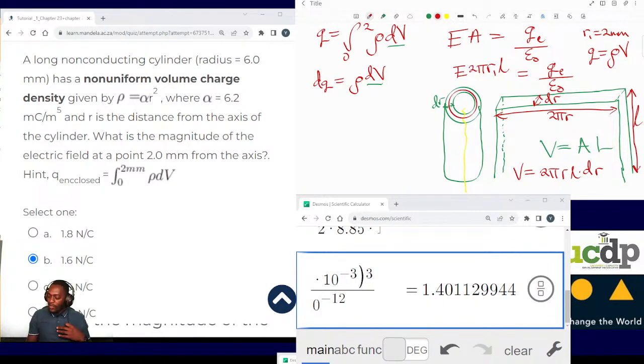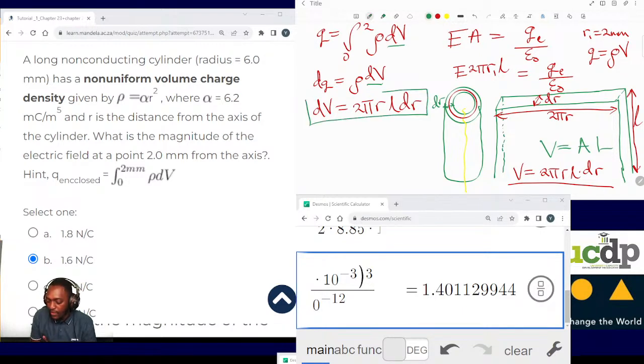Why do we find this volume? So that we can have dV, which we don't have. dV is equal to 2 pi r L dr. This is our dV, which we are then going to put in this equation.